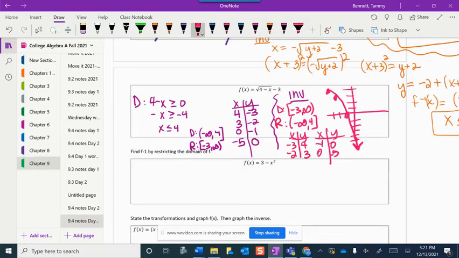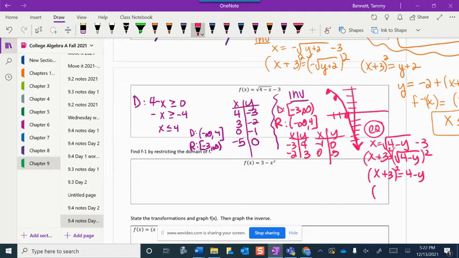Then if we want to find the equation, the inverse equation would be x equals square root of 4 minus y, then minus 3. So add 3, we get x plus 3 equals square root of 4 minus y. Square both sides. So x plus 3 quantity squared equals 4 minus y.